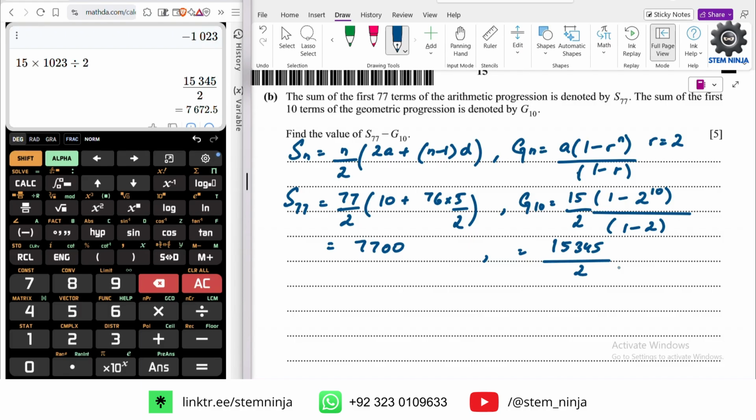Wait, is this correct? R raised to power 10. 15 times 1023. So 1 minus 1024 divided by minus 1.